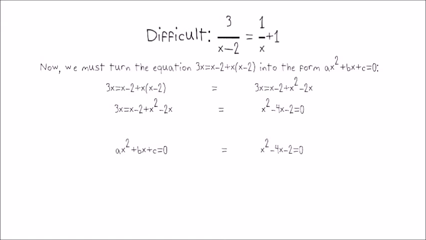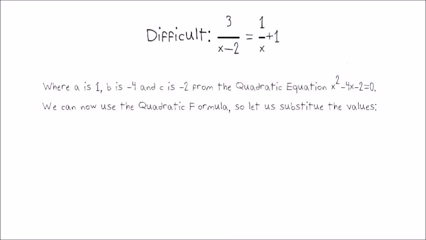It's already in the form where a is 1, b is negative 4, and c is negative 2. Now, where a is 1, b is negative 4, and c is negative 2 from the quadratic equation x squared minus 4x minus 2 equals 0, we can now use the quadratic formula.